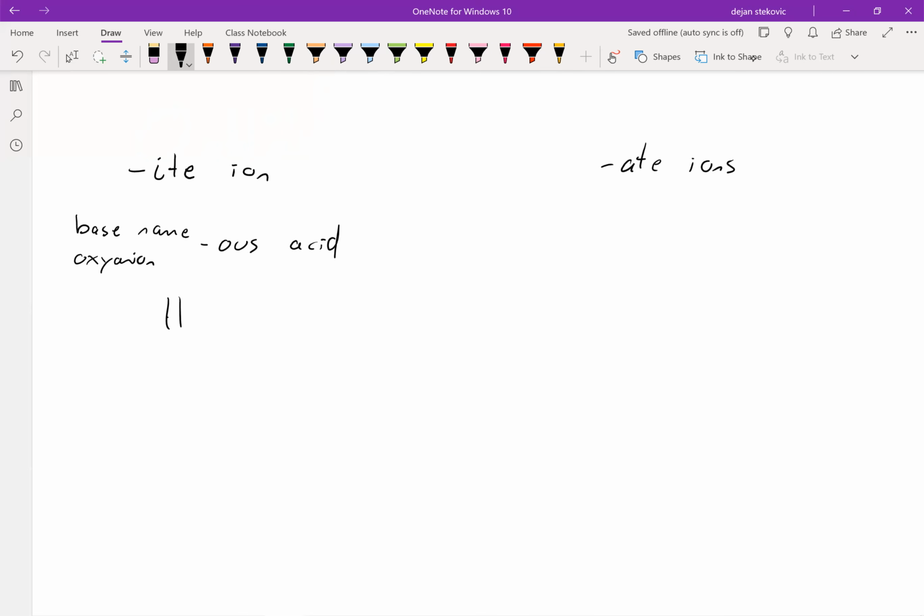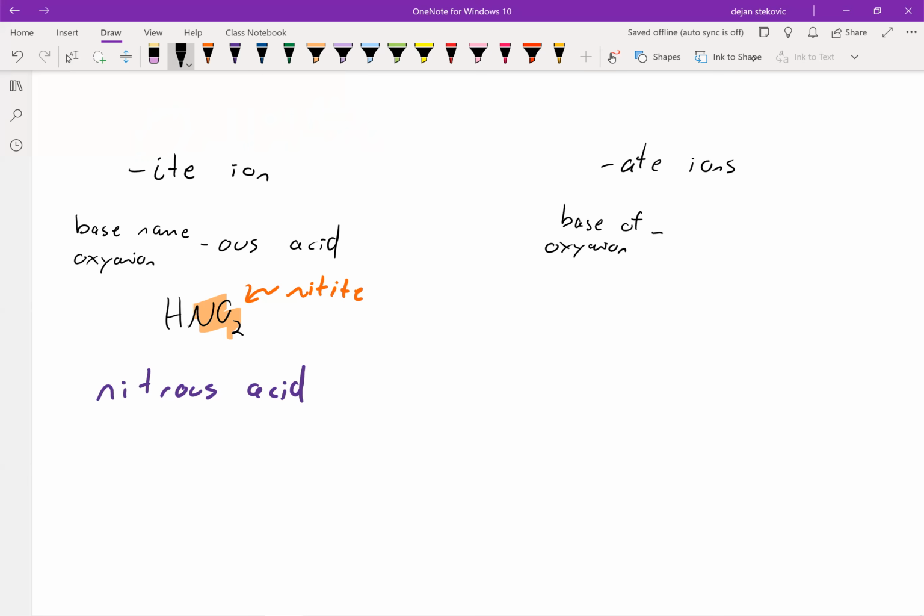So for example, HNO2, if you think about NO2 minus, that's nitrite. So the ite is going to become an us, and so this will become nitrous acid. On the other hand, with the ate ions, you get the base name of the oxyanion.